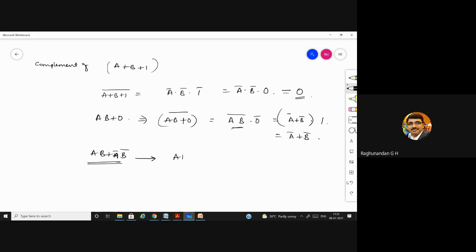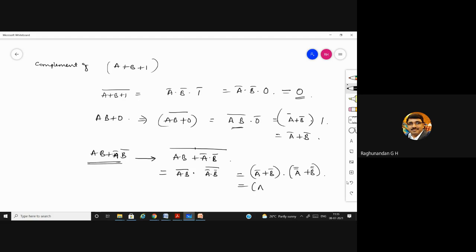So AB plus A bar B bar whole bar. First we'll split it up into A bar into B bar whole bar. That is equal to A bar plus B bar into A double bar plus B double bar.